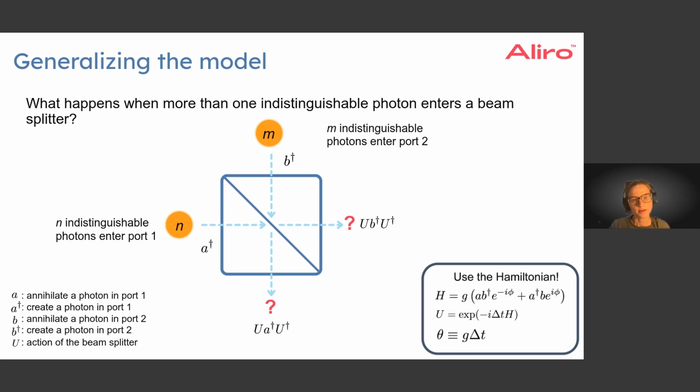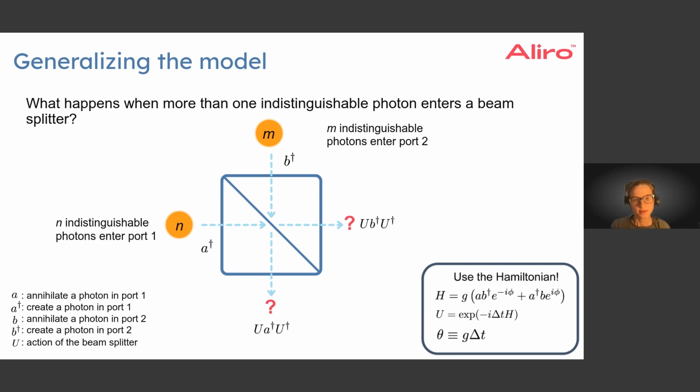So we can create any arbitrary quantum state consisting of photons by just starting with no photons at all, which is the vacuum state, and adding creation operators to that state.